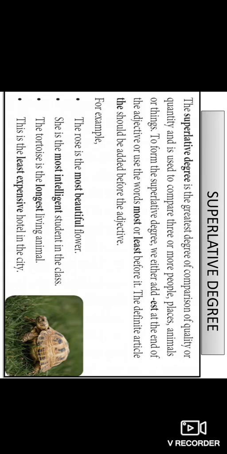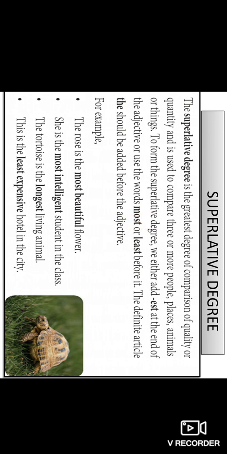Next coming to the superlative degree. The superlative degree is the greatest degree of comparison of quality or quantity and it is used to compare 3 or more people, places, animals or things. To form the superlative degree, we either add est at the end of the adjective or we use the most or least before it, with the definite article.